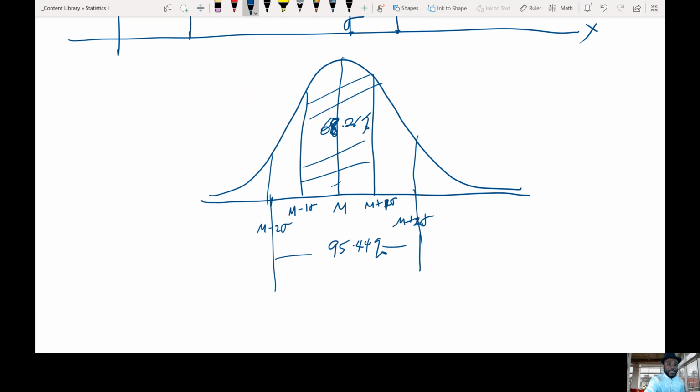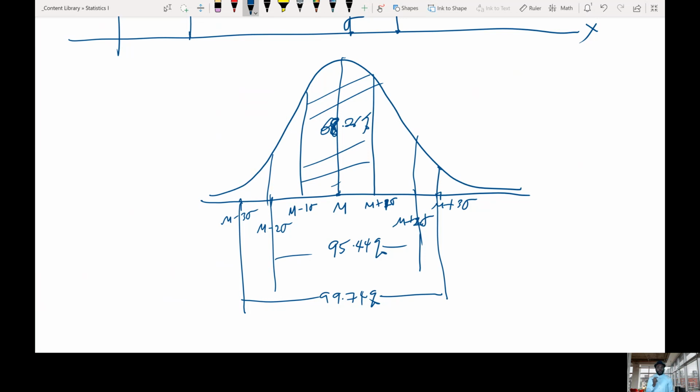And then the last one here is mu minus 3 sigma, and this is mu plus 3 sigma, so it's equidistant from the mean. That is about 99.74%. How do I know all these values? Because I play with it almost every time. So these are the approximate areas under the normal distribution.